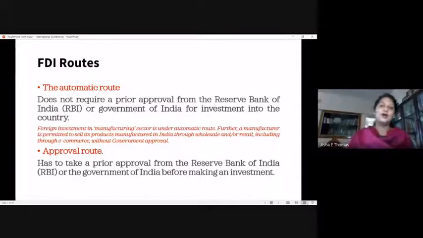Just an approval is needed. That's all. It does not require a prior approval, but they have to submit the application, and the application is channeled through the automatic route. As you submit, you will receive it. There are no other procedures. That's why it is said not to require a prior approval. They can come, apply, and then do their business.